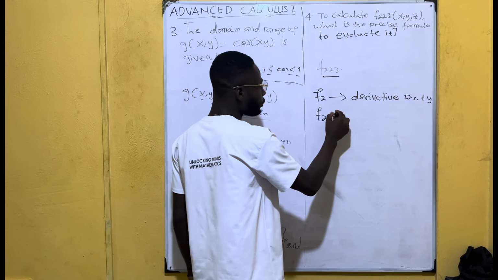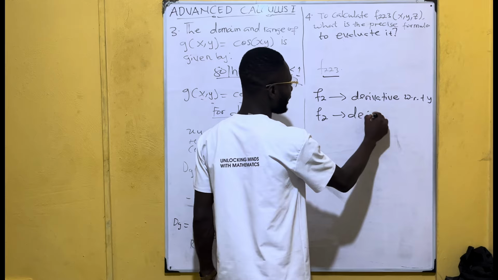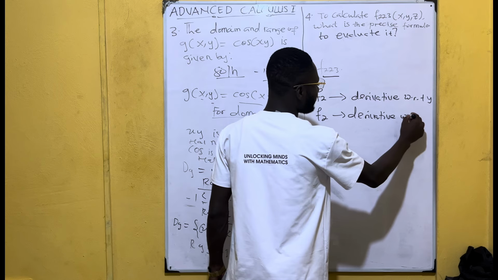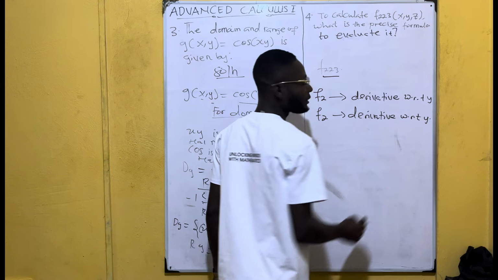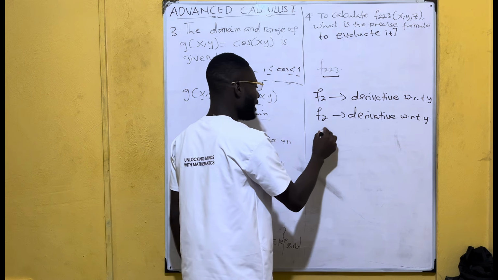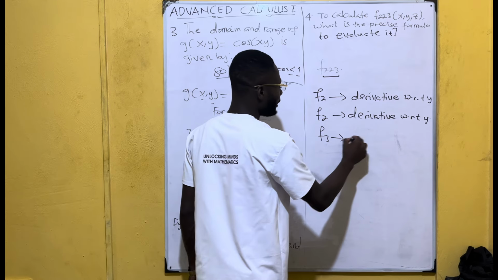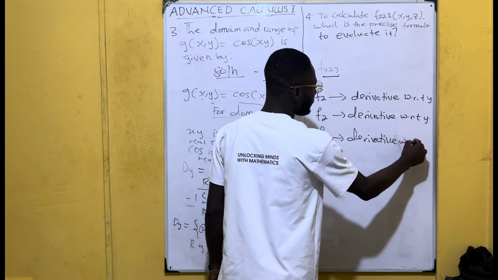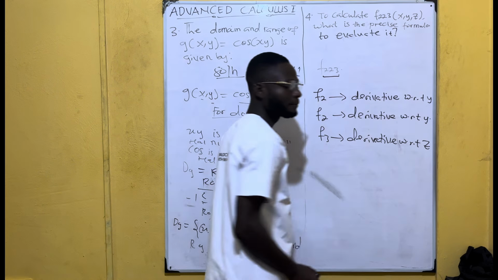The second F2 also means derivative with respect to y. The last one, F3, means derivative with respect to z.